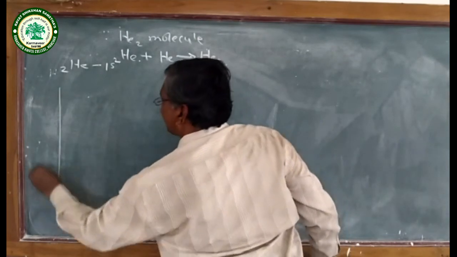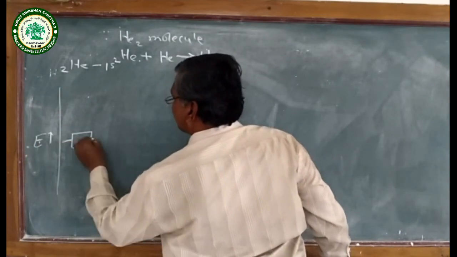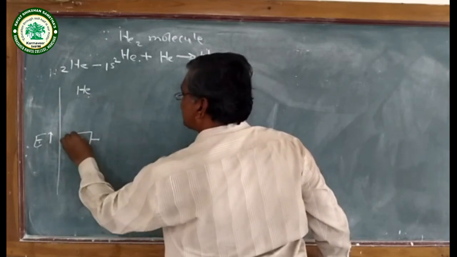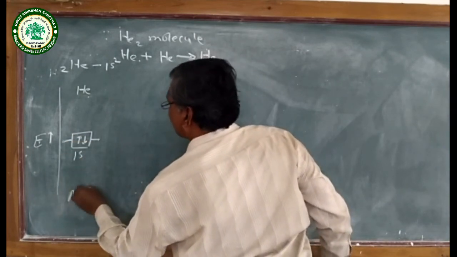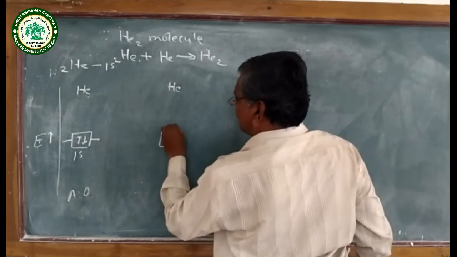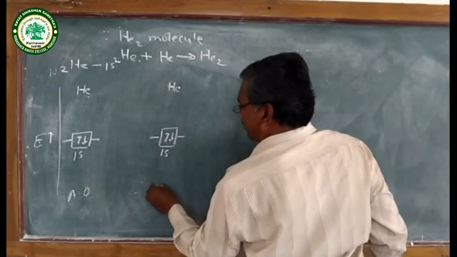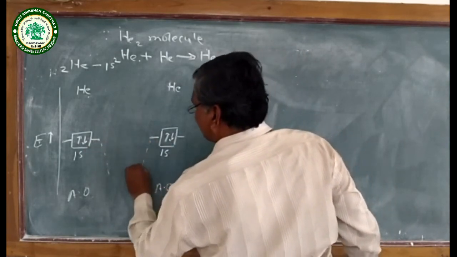The MO energy level diagram can be shown like this. This is the 1s orbital of a helium atom consisting of 2 electrons. This is another helium atom having 2 electrons in the 1s atomic orbital.